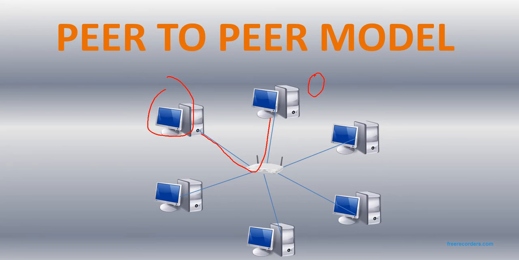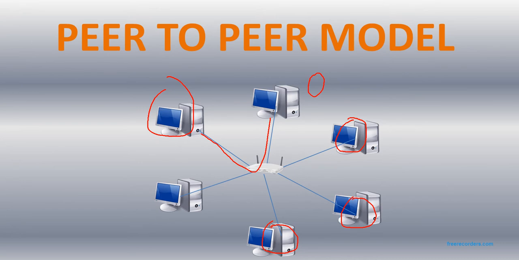Now, here's the problem with this model. As our business grows, more and more data is accumulated in the business, and it's accumulated on various PCs, and the need to share information also grows. And we end up having several PCs with a need to share information, and we end up with a Wild West situation where it's unclear which computer is sharing which information.